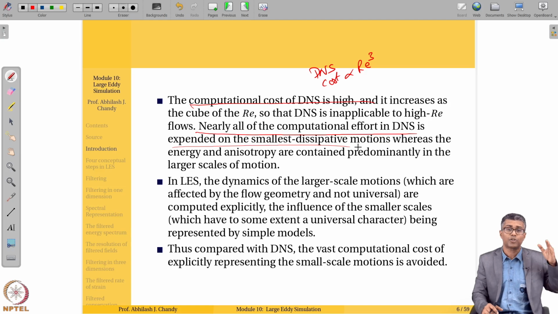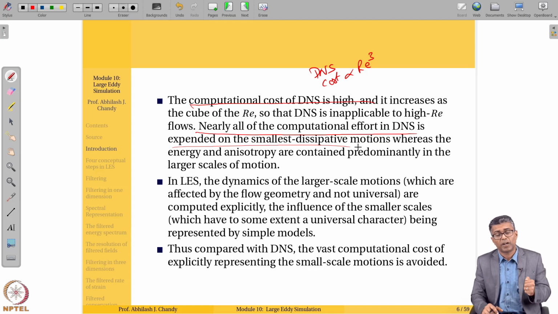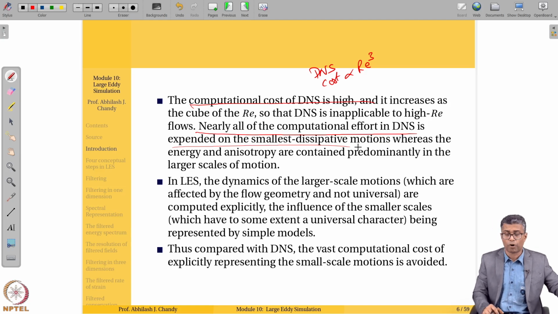When you look at the large scales, you know where the flow is going from. In fact, you might even be able to identify what kind of flow problem it is. Is it a jet problem? Is it a channel flow problem? Is it a boundary layer problem? Is it a shear flow problem? You might be able to identify that. That is because of that anisotropy, the directional bias. So that's one thing.